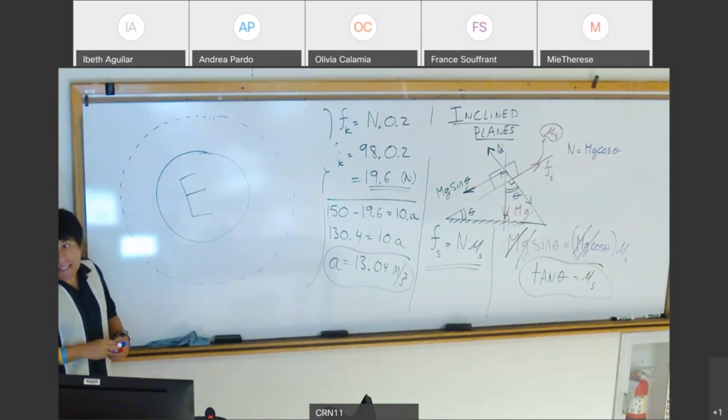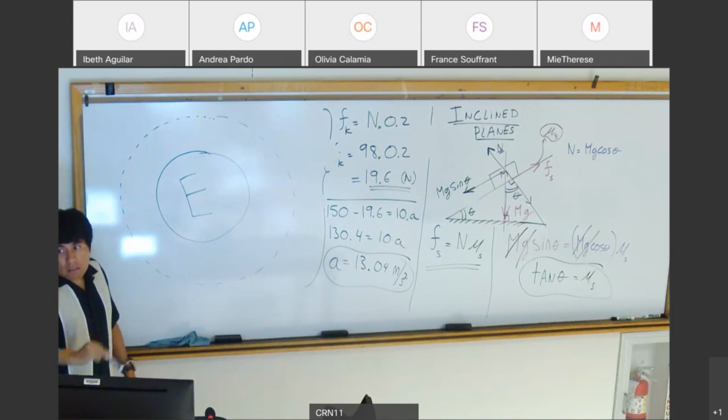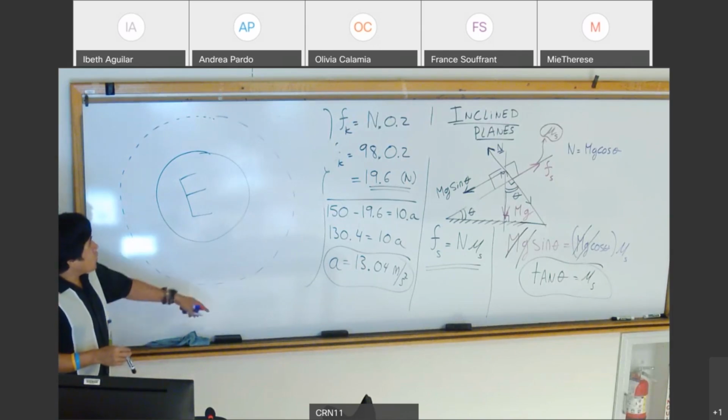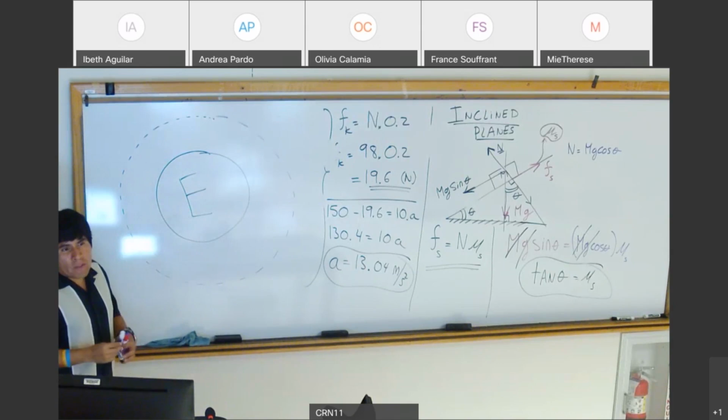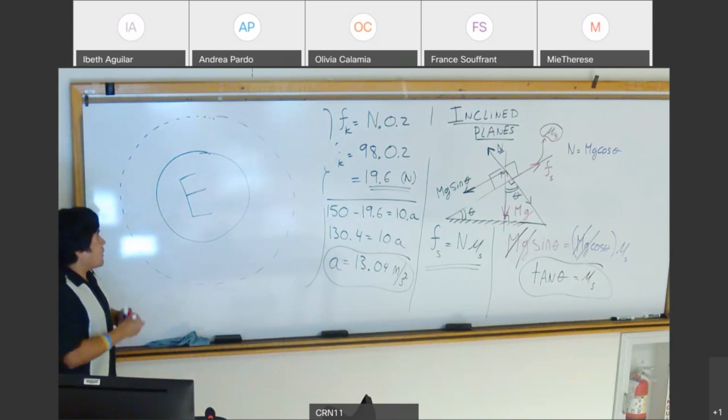How can we study the orbit of this satellite around the Earth? Or how can we study the velocity, right, as it goes around? What makes the object go around? The gravitational pull of the Earth.